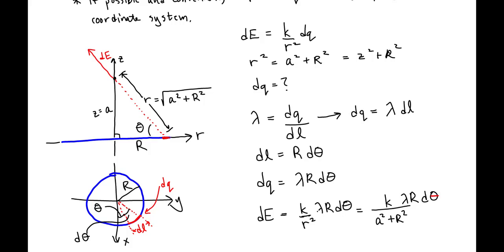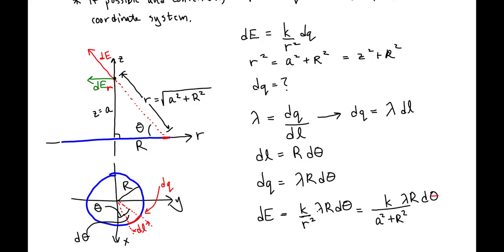Well, let me show you what that R component and the Z component is. So in our picture, the R component of our electric field vector is just that component of the electric field that is parallel to the radial axis. So I will call this dE sub R for the radial component of the electric field, parallel to the radial axis.